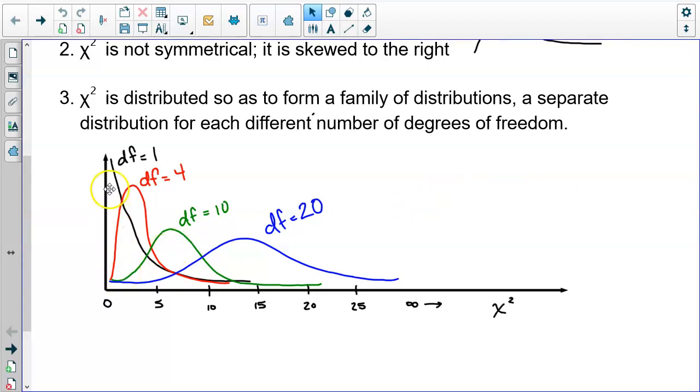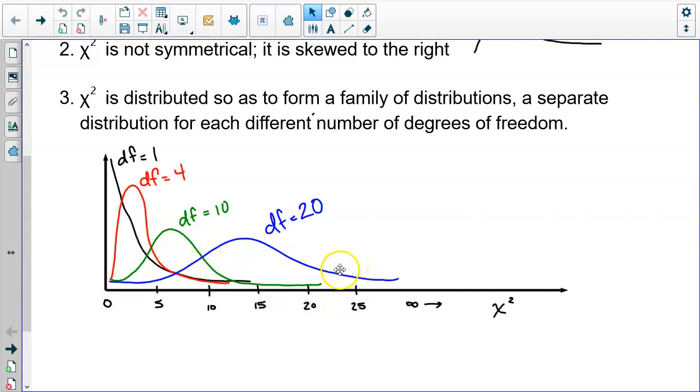So you'll notice if your degrees of freedom is 1, it means you have a sample size of 2. That's terrible. And you'll see what the distribution looks like. When the degrees of freedom are 4, it means you have a sample size of 5, and you see that skewness. It's very skewed still, right skewed. When you have degrees of freedom of 10, it creates a mound shape, but it's still skewed.